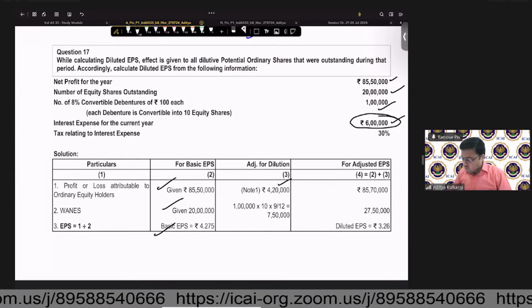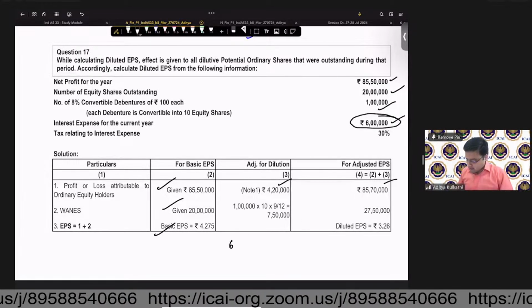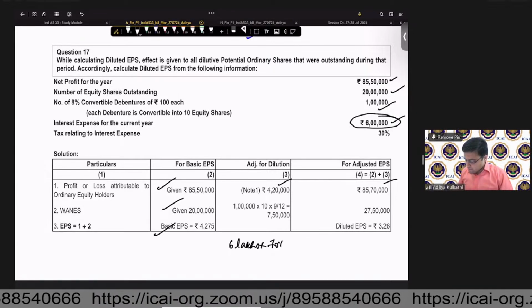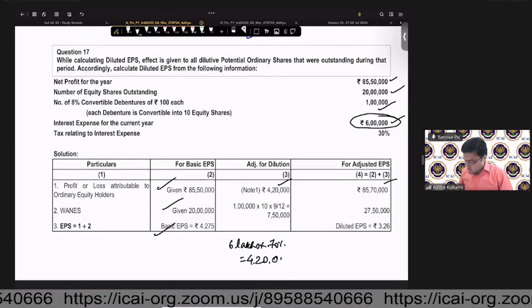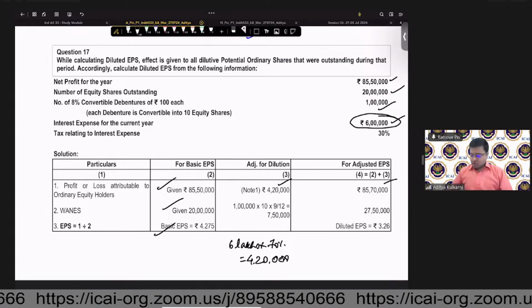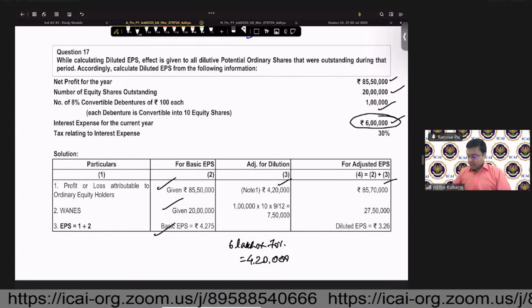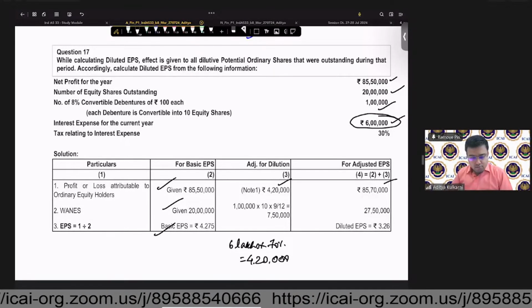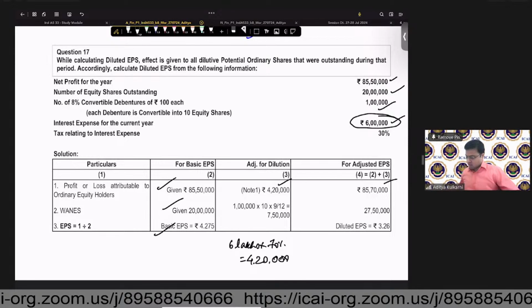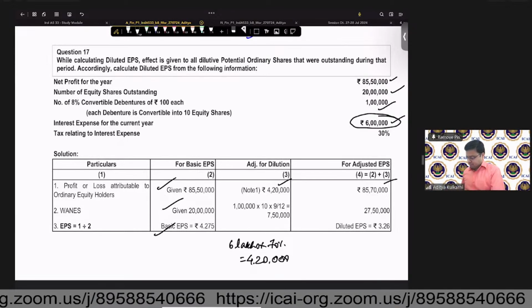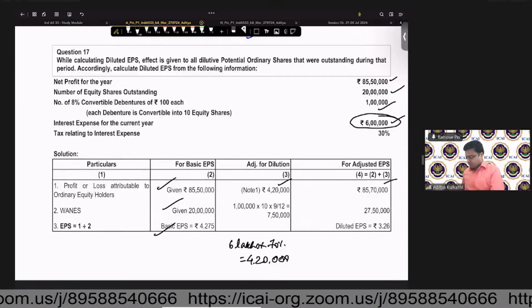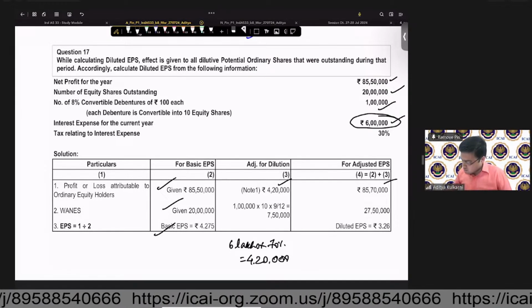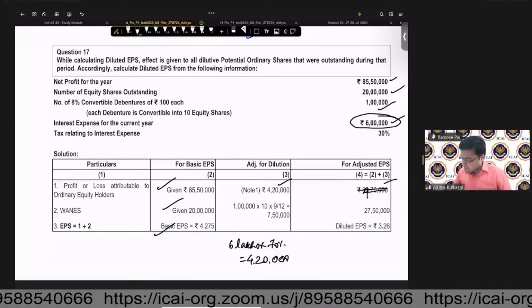So I will add 6 lakhs into 70%, that is 4,20,000. So 85,50,000 plus 4,20,000 comes to 89,70,000.